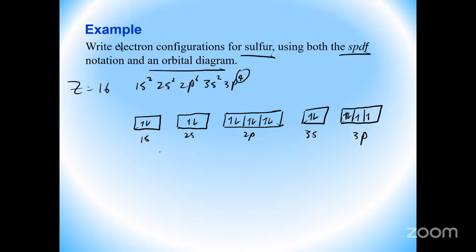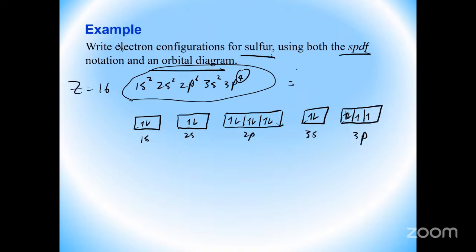Now let me ask you one more question, even though it's not asked here. Let's say you're asked to write down the abbreviated version of this. How would you determine that? It'd be argon. Argon, you sure? Remember, it's the noble gas that comes before.